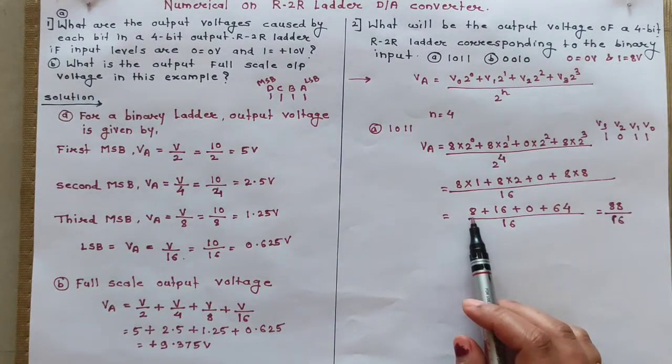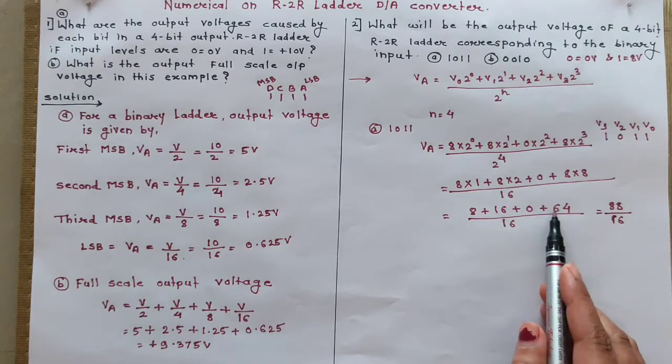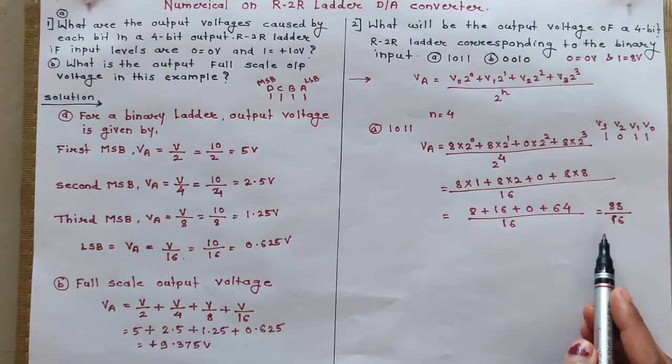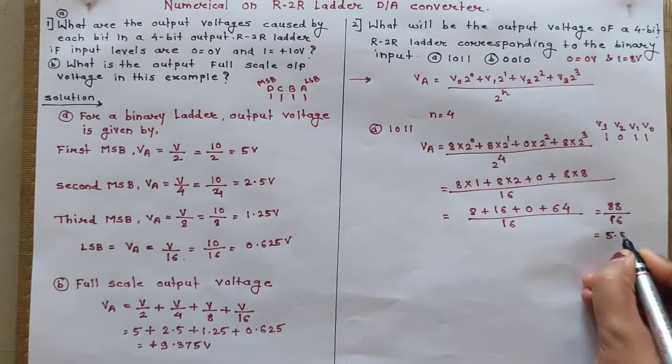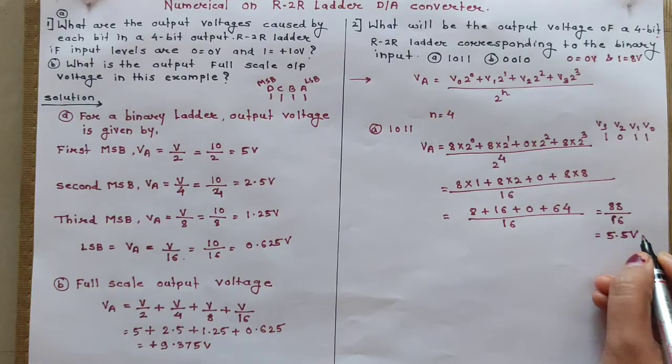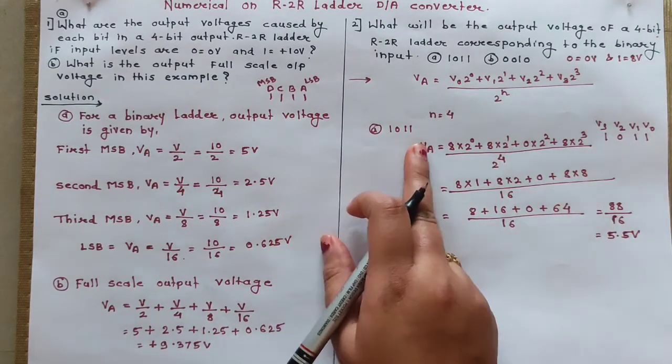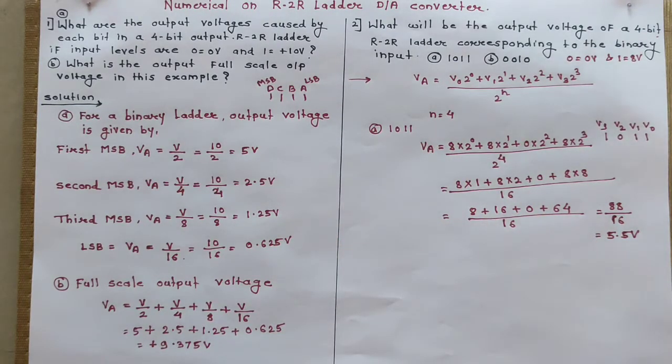After performing this addition, 8 plus 16 plus 64 comes out to be 88 by 16. Performing this calculation, it comes out to be 5.5 volt. Okay, so the analog output voltage contributed by this binary input is 5.5 volt.